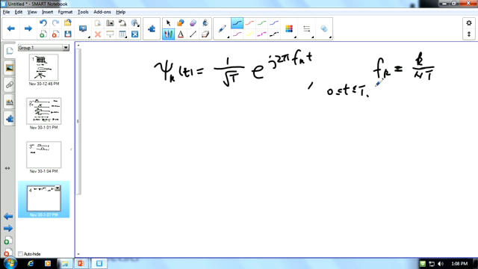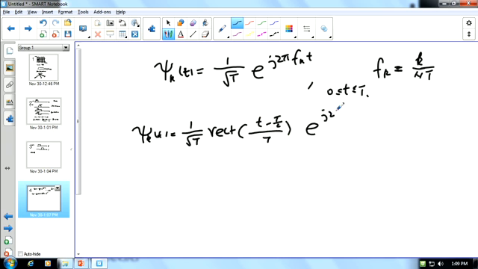Because this is essentially a rectangle signal. The width of the rectangle signal is T, and then times a complex exponential. And the Fourier transform of a rectangle signal, as we have reviewed, is a sinc function.